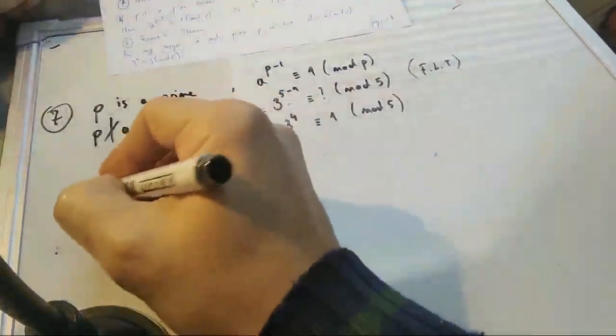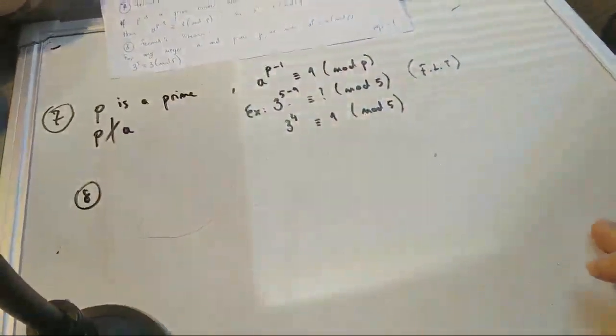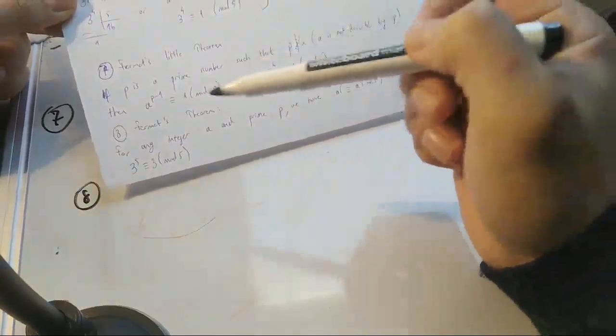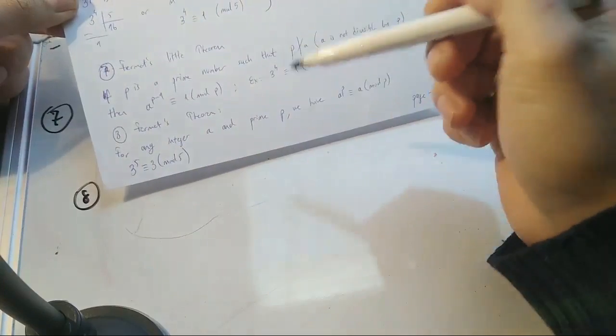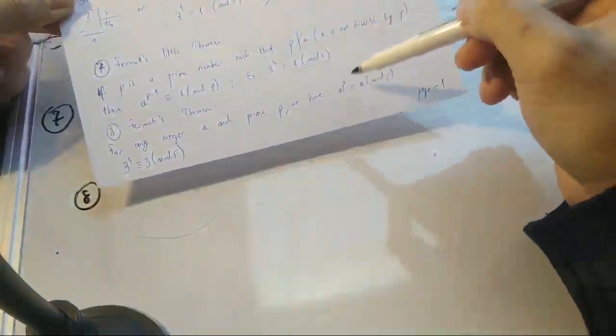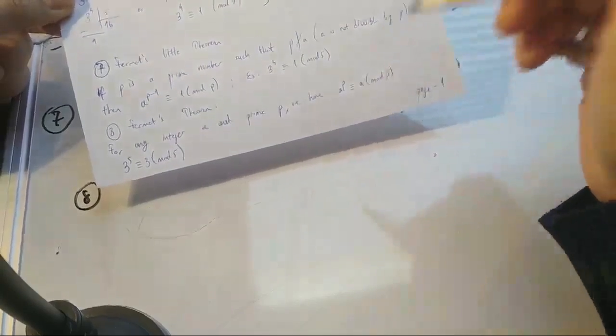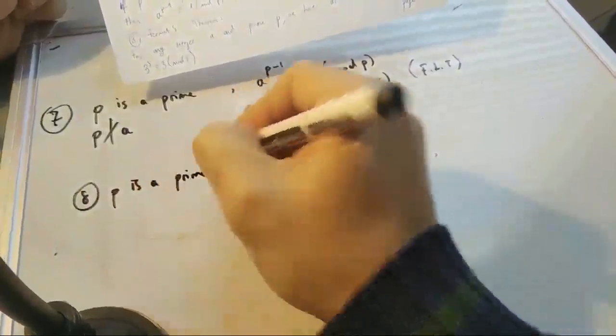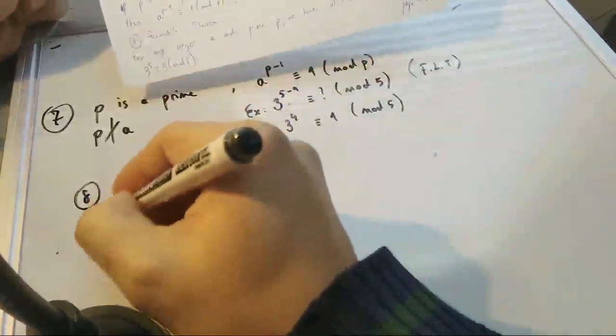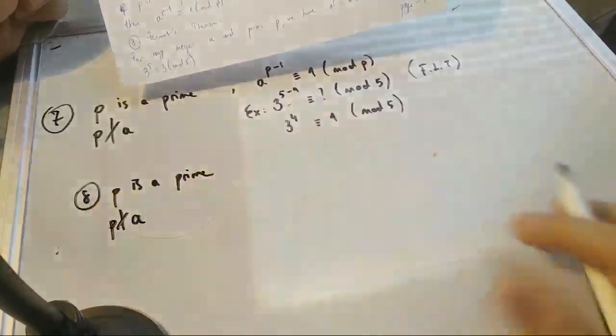And the second, Fermat's theorem: for any integer a and p prime, we have a to the power of p is congruent to a in mod p. So p is prime, and likewise a is not divisible by p.